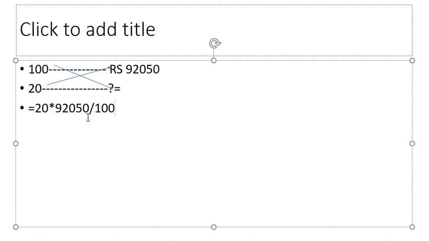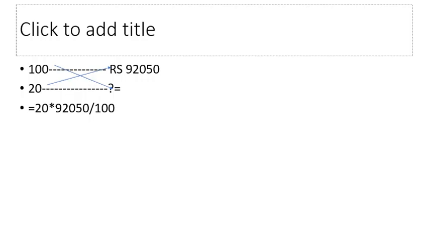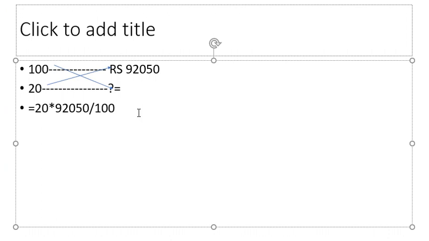When you divide by 100, you will get the answer 18,410. So for 20 bicycles, the cost will be 18,410 rupees. This is how you are going to find out the missing value.